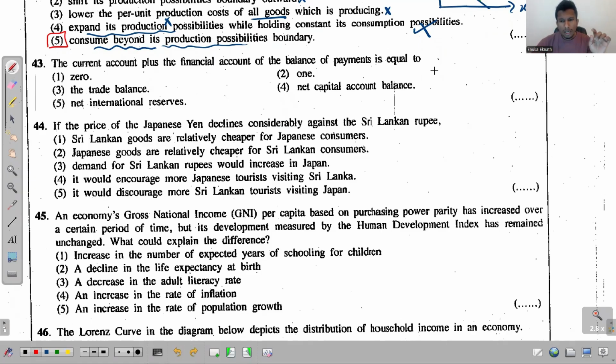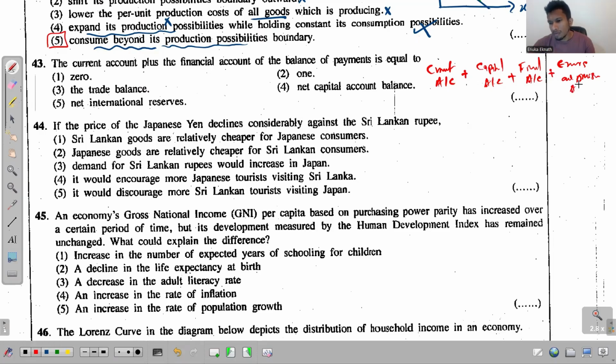When you develop the balance of payment, the total of the current account balance and the capital account balance and financial account balance and the errors and omission account balance.